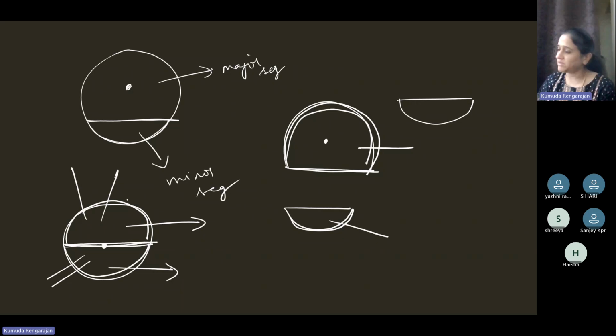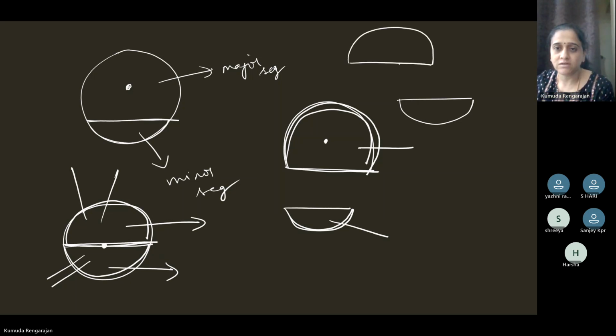A semicircular region is both a segment and a sector because it satisfies both the definitions. Now, the definition of a sector: two radii and one arc.